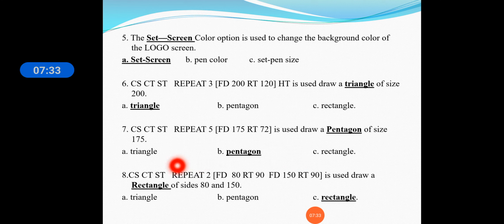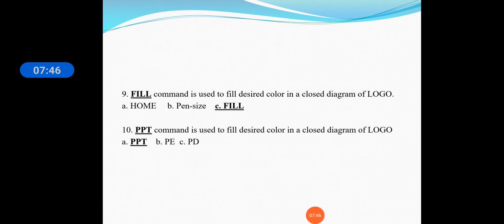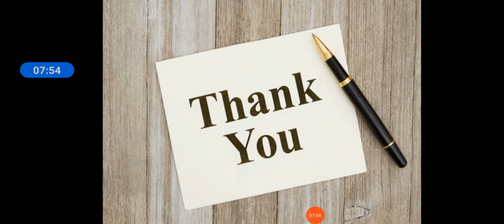Repeat 2 is for a rectangle, because a rectangle has two different sides on two different opposite sides. Okay, ninth one, the fill command is used to fill the desired color in the closed diagram of Logo. So these were the MCQs of our chapter number 2.